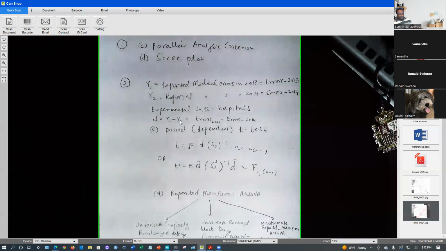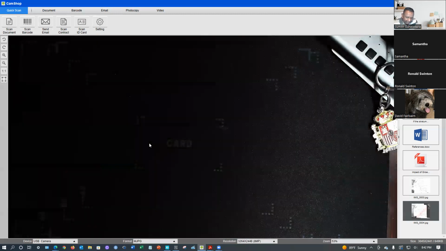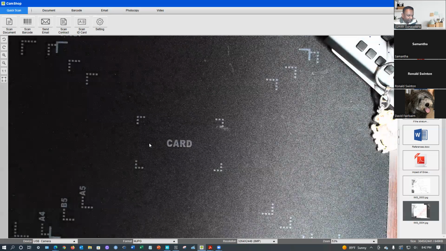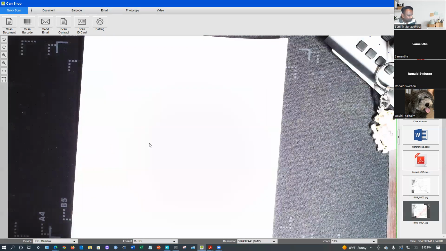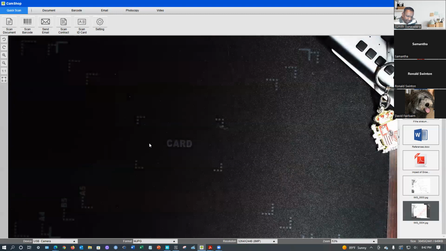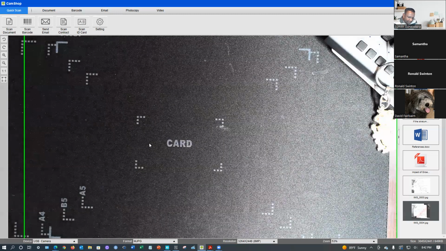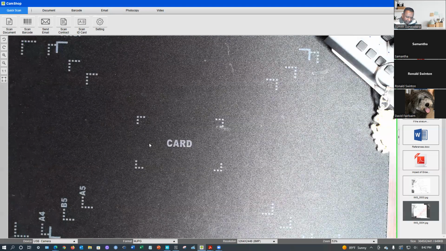Then you get the difference between those two, before and after, Y1 minus Y2 or Y2 minus Y1, it doesn't matter. Then the paired dependent test. What would your test be? The test would be H naught: D equals 0 versus HA: D not equals 0.